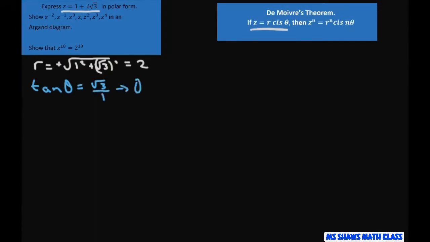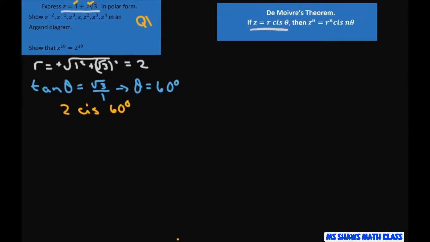So that means your angle is going to be 60 degrees, because we're in quadrant 1 here. Both of these values are positive. So the way we express it is z equals 2 cis of 60 degrees. That's your polar form there.